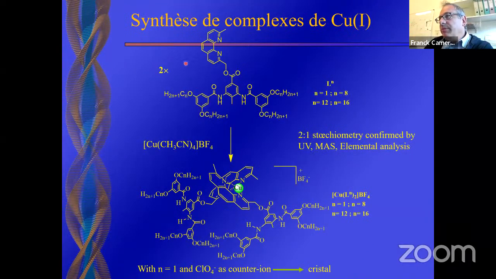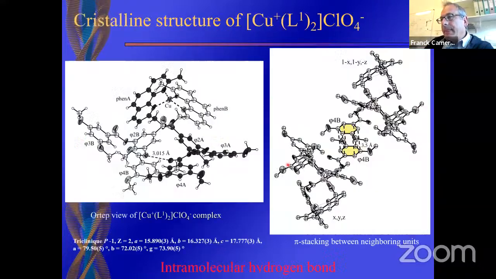We also made a complex of these ligands with copper(I), and we got these copper(I) two-ligand complexes. And we also got the structure. And here, in contrast to the other stacking, we don't have a one-dimensional stacking because the hydrogen bonding is engaged in an intramolecular interaction.